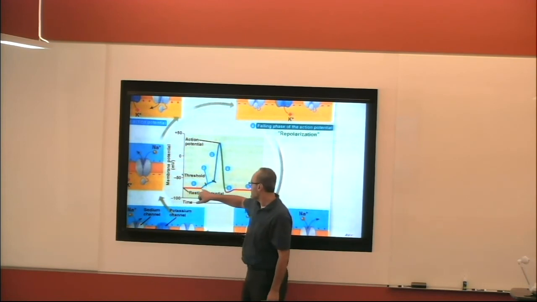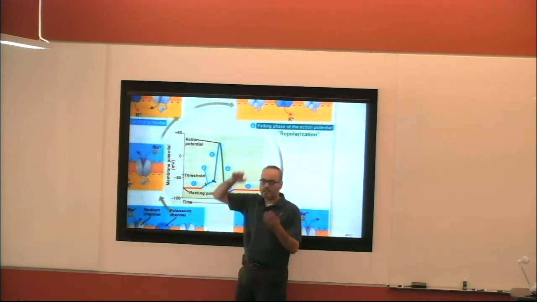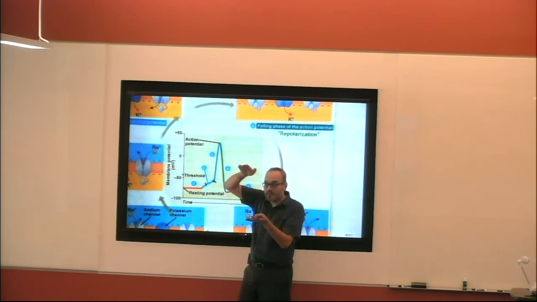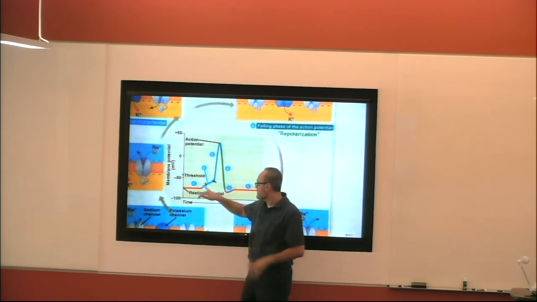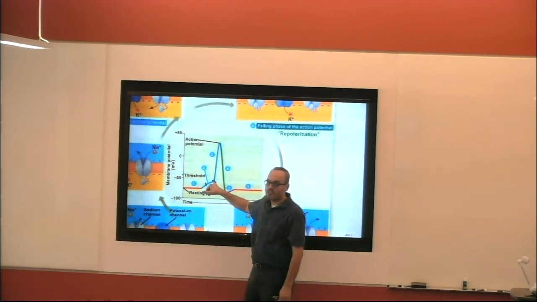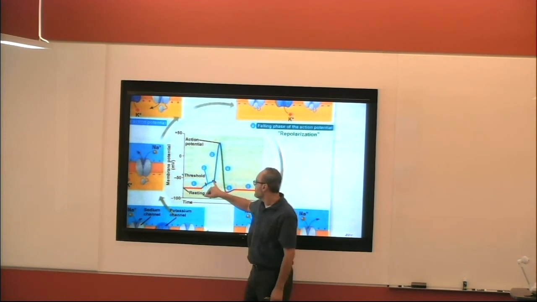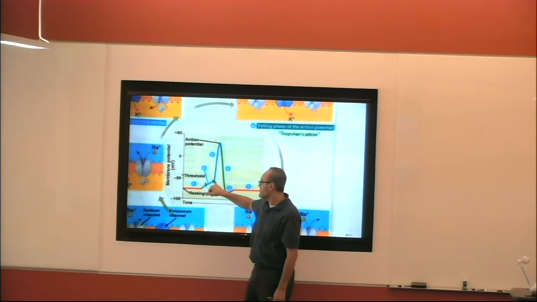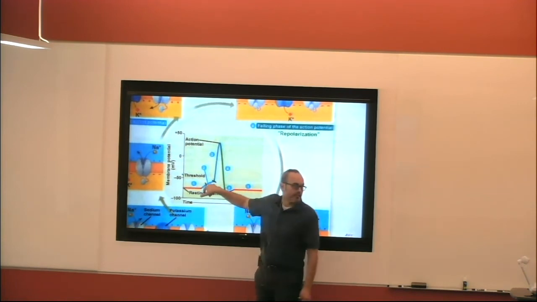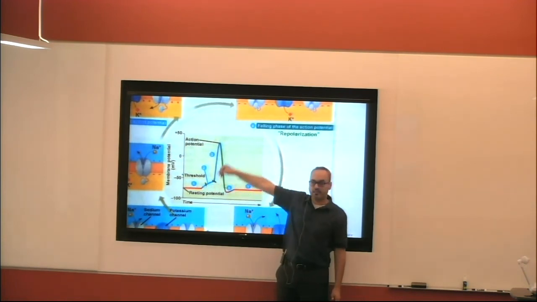If you reduce the difference from minus 90 to minus 50, there's a threshold here. Then automatically the process starts, and the action potential starts.